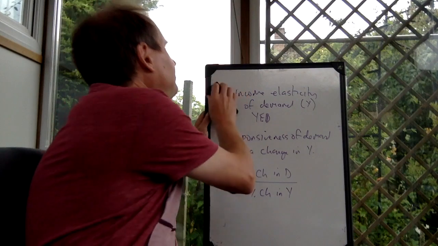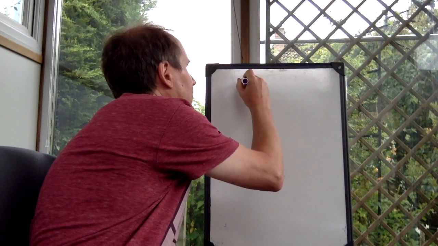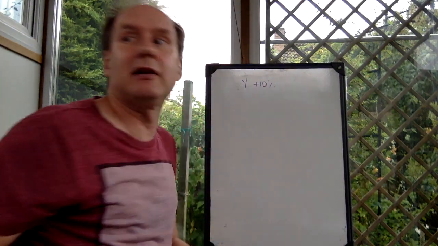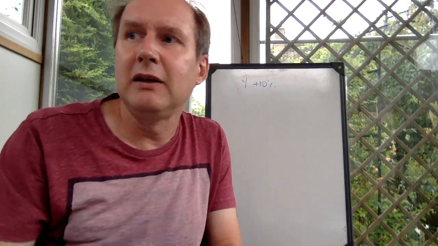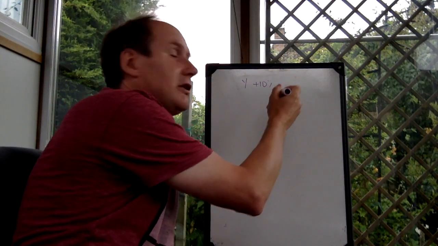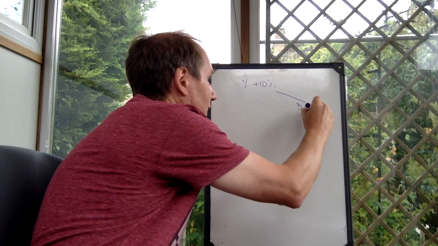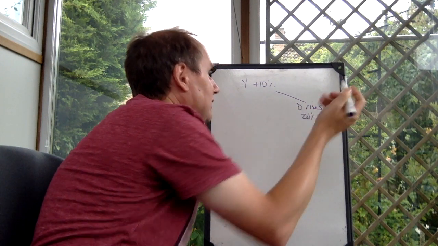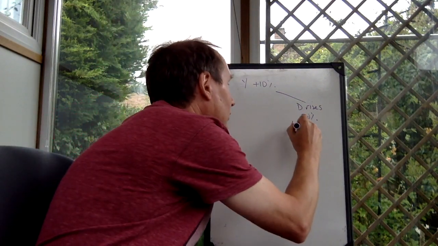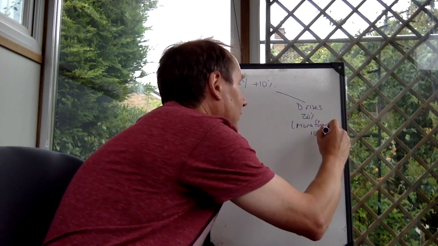Okay, so let's have a think about income elasticity then. Let's suppose that income was to rise by 10%. Then we would normally be expecting demand to rise, wouldn't we? You've got more money, you'll probably spend more. So one thing that's possible is income rises by 10% and demand rises by 20%, a more than 10% increase in demand.